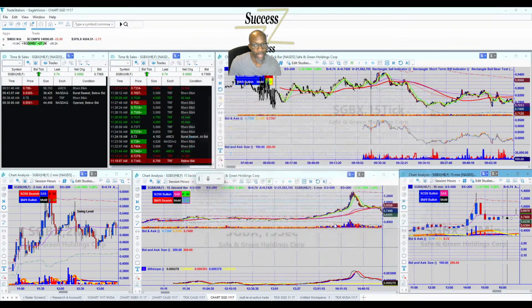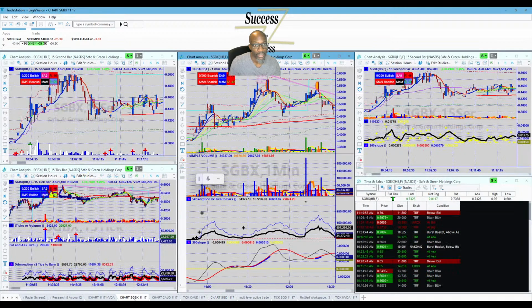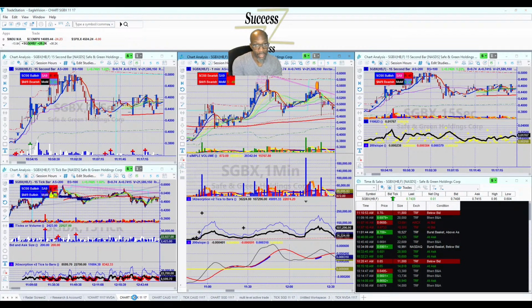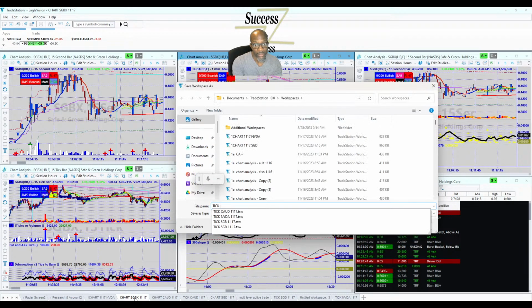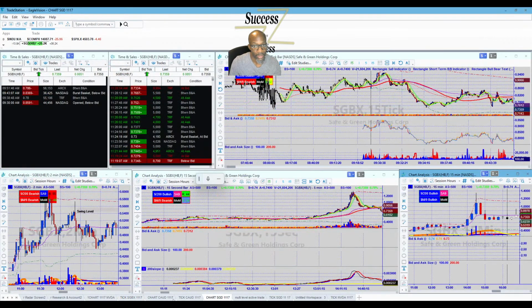We already have that. So what is this then? It's SGBX. This is the tick though. Got everything named wrongly. So this is tick BX 1117. Okay, and then this is chart. Tell you what, am I interested in this one?